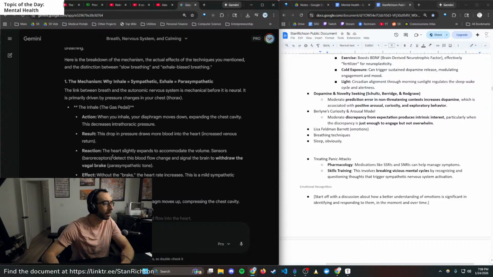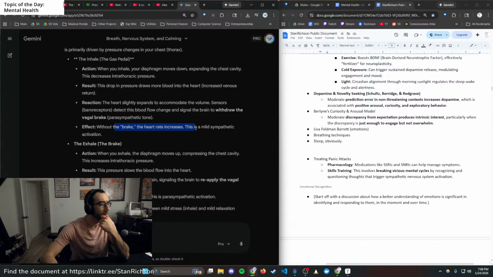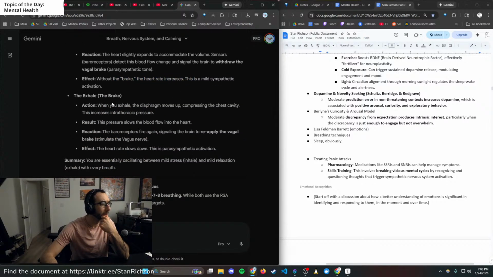Okay, so we've got some sort of brain interaction here, via the vagus nerve. Without the brake, the heart rate increases. Okay, the exhale, the brake. When you exhale, the diaphragm moves up, compressing the chest cavity.